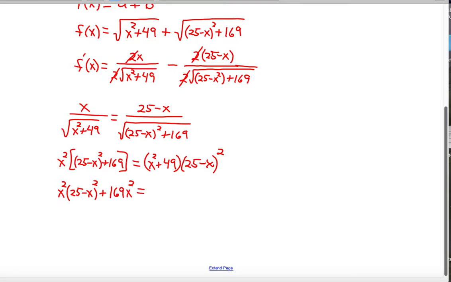On the other side, let me distribute this. So I'm going to get an x squared times 25 minus x quantity squared, which is going to cancel with the other side, and then 49 times 25 minus x squared. All right, so that cancels out nicely.